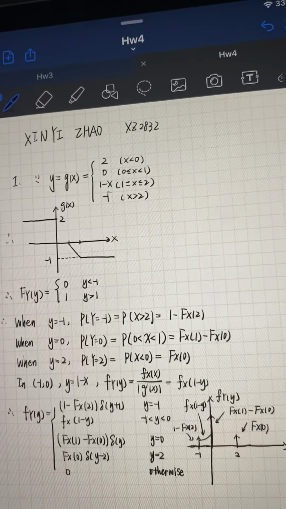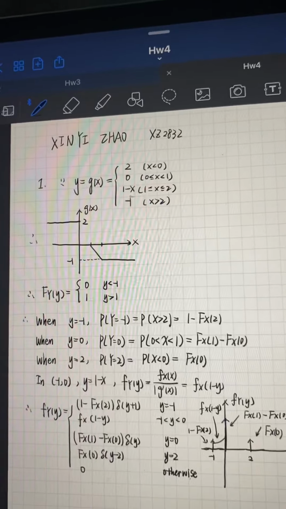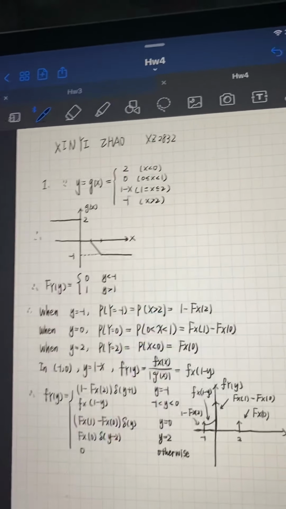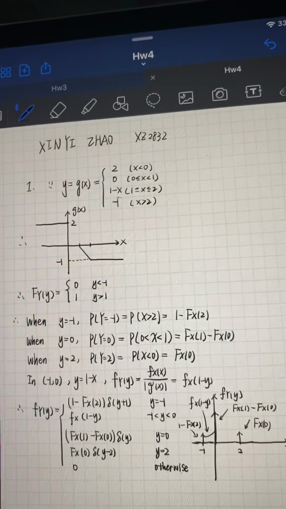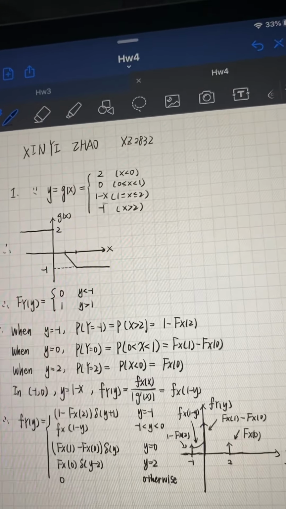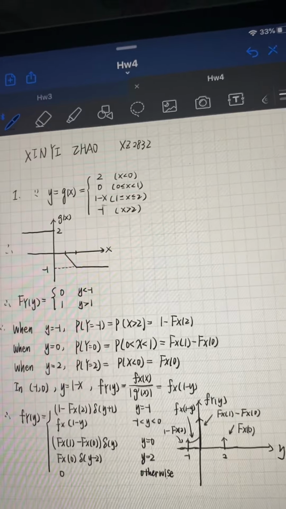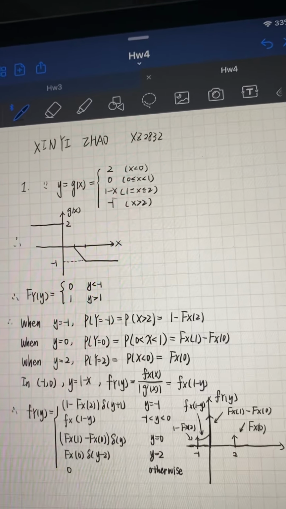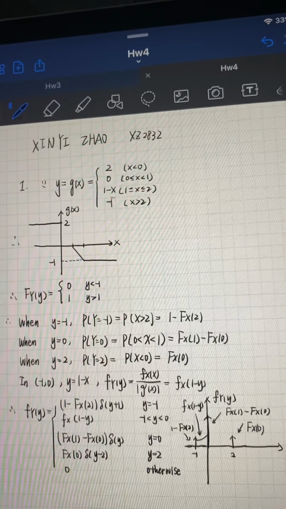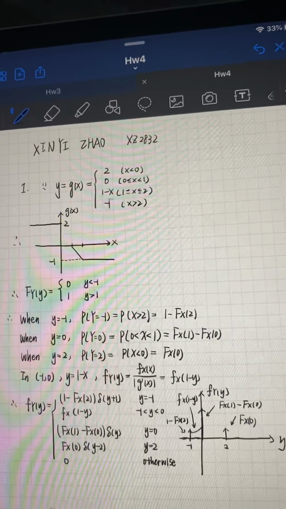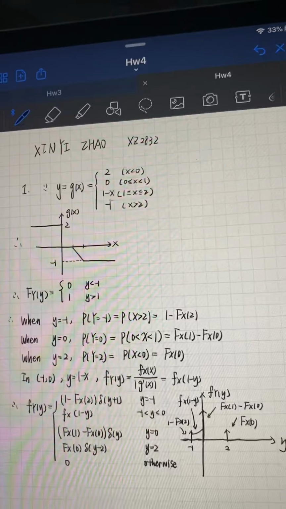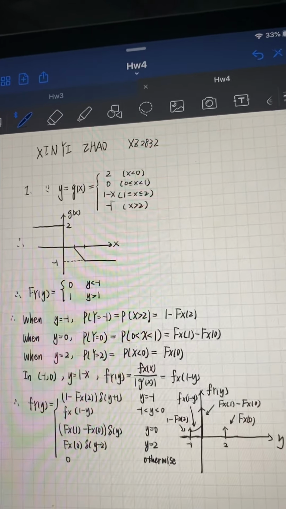And for the last example, that is y equals 2, we can easily get the answer is upper fx 0, and that is the situation when y is from negative 1 to positive 1.